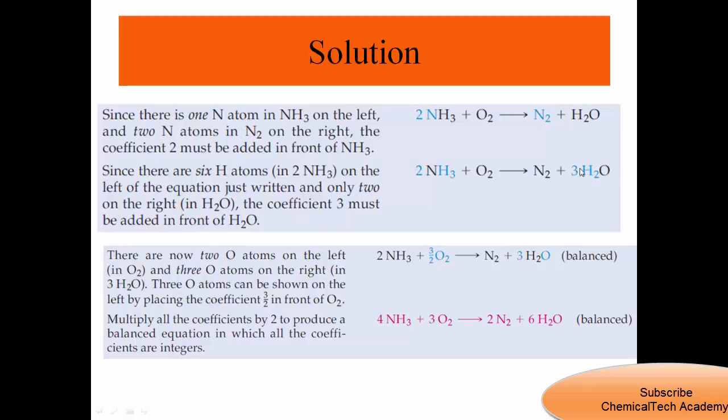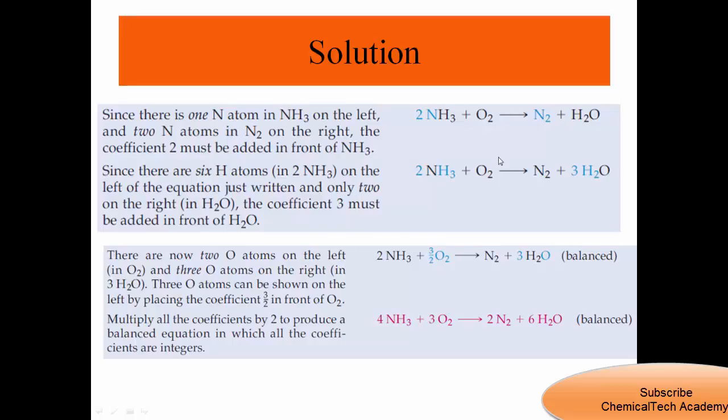So the coefficient, or the stoichiometric coefficient for water, is going to be 3. So now you can see both nitrogen and hydrogen are balanced. 2 nitrogen, 2 nitrogen, 6 hydrogen, 6 hydrogen. Then what remains here, we have oxygen. We need to balance oxygen as well.